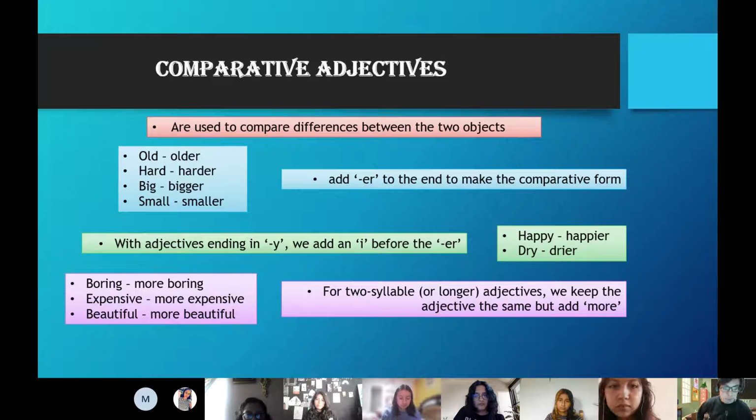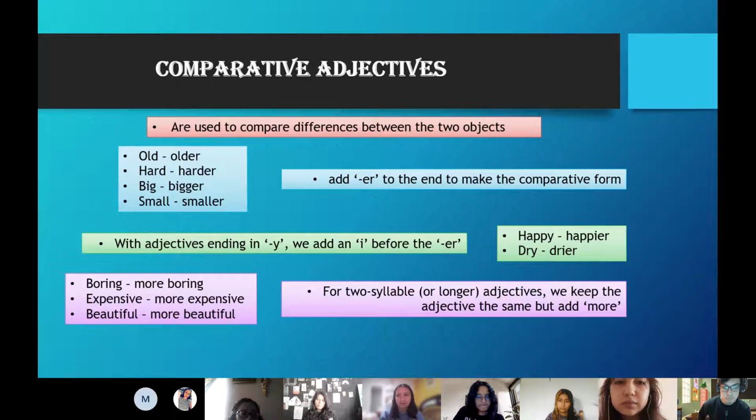Carla, can you tell us the first rule? Okay, sorry, se apagó el micrófono. Can you repeat the question, please? Yes. Can you repeat the first rule? Okay.